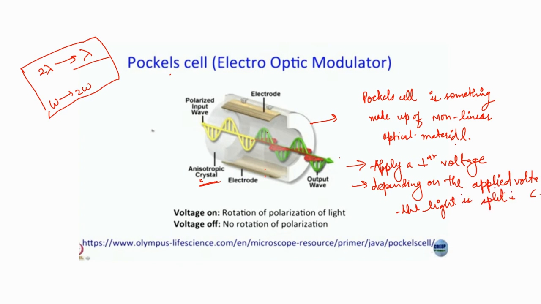Now suppose I apply a potential at which the light is divided into, say, equal intensity of right and left-handed circularly polarized light. That is what is called circularly polarized light.